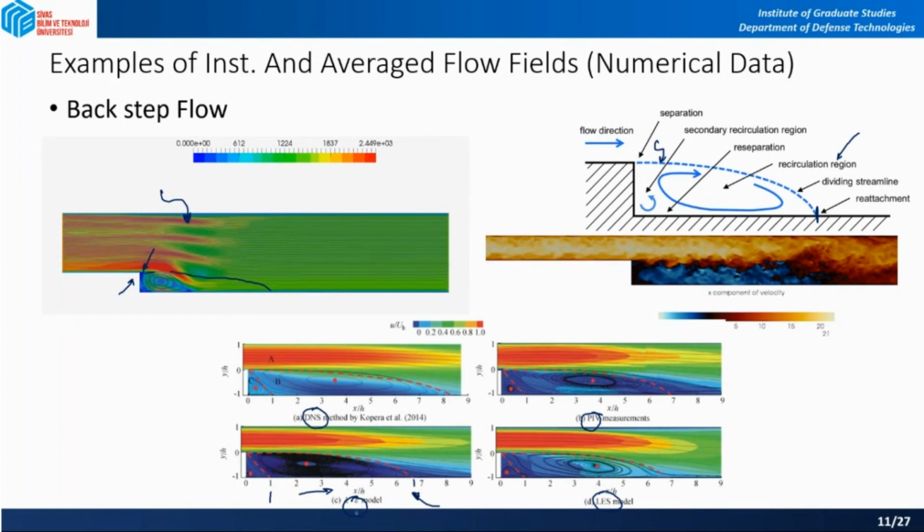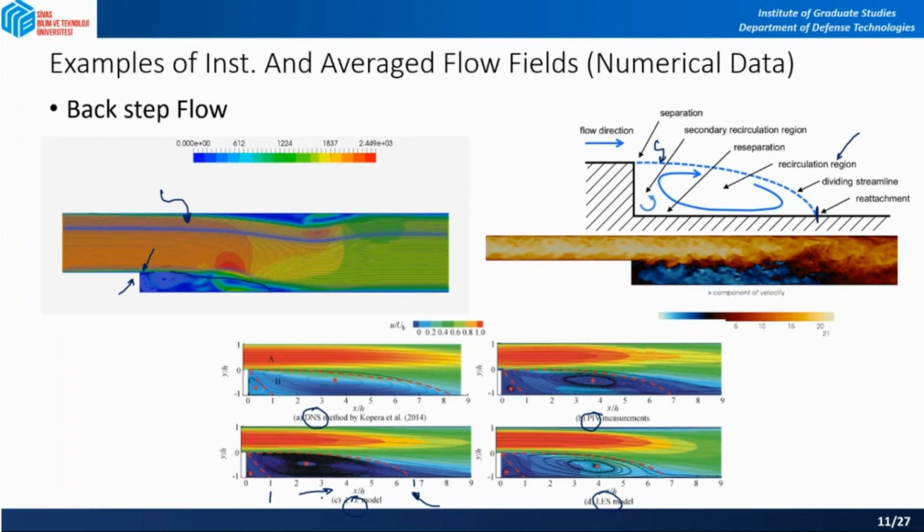Therefore, directly solving for the averaged values is faster and you can get the solutions much easier, but you have to implement the turbulence models that we are going to discuss to be able to solve these average equations, because of their inaccuracies and their physical incapability of simulating real flow physics.